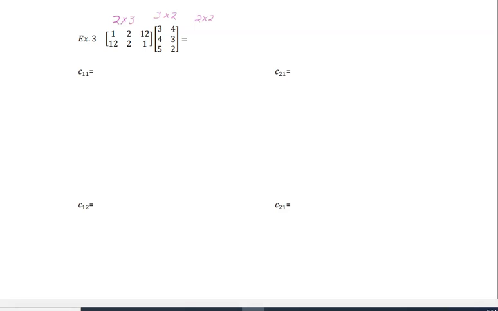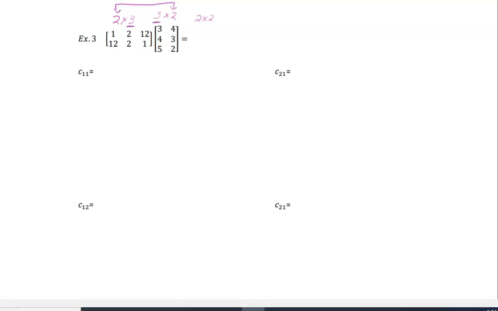Now, on the ones that we've looked at, what you should notice is that the second number of the first and the first number of the second have to be the same. So they are both 3 here. The better way to say that would be the columns of the first and the rows of the second have to be the same. So these are both 3, they could both be 5, they could both be 8, as long as they're the same. And then the size of our matrix at the end is that first and last number, so we get a 2 by 2.